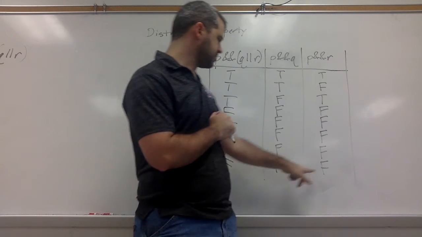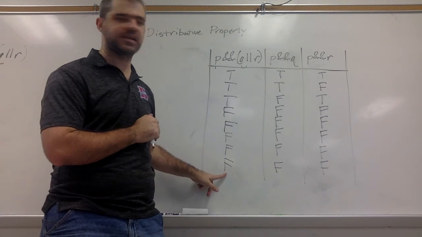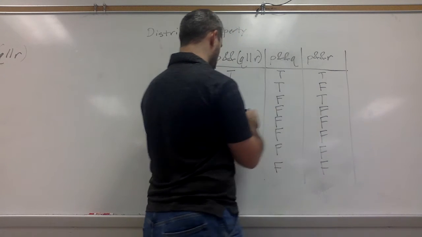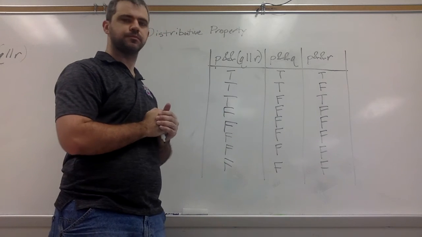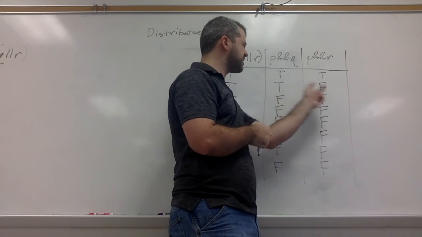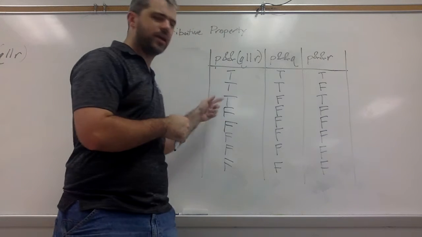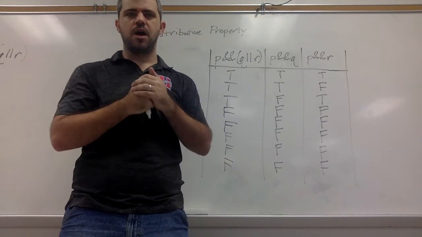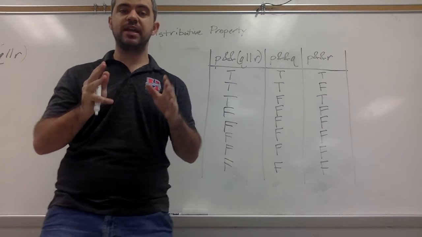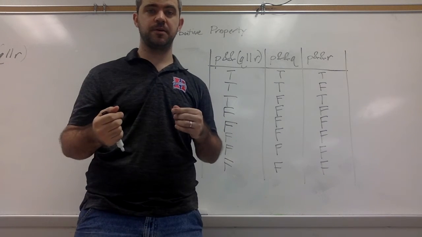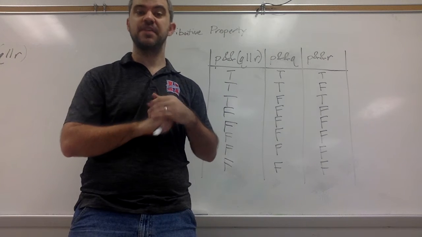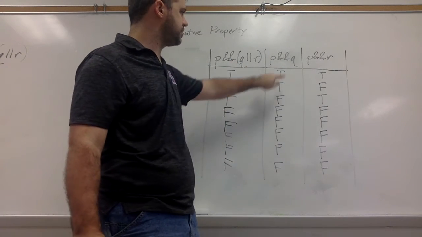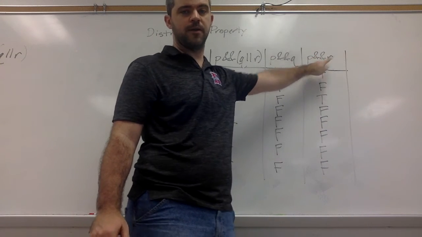Well, it looks like if these are both false, this guy is false. Every time we get double false, we get a false over here. But as long as there's at least 1 true, we get a true over here. Well, that sounds familiar. If we're only getting false if they're both false, otherwise we're getting true, that's an or statement. So this is equivalent to this or this.